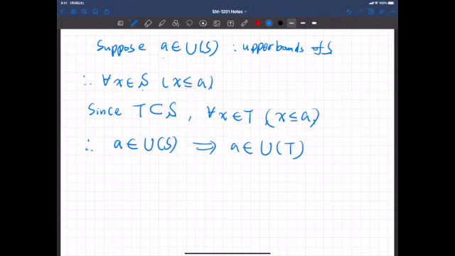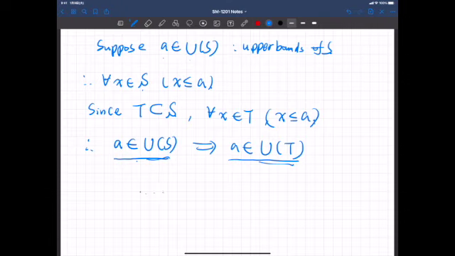So that means, therefore, the minimum of this should be greater than or equal to the minimum of this. Okay. So maybe this is hard to grasp at first. So if A is an element of upper bounds of S, then it is automatically an element of upper bounds of T. So this means, let's see.